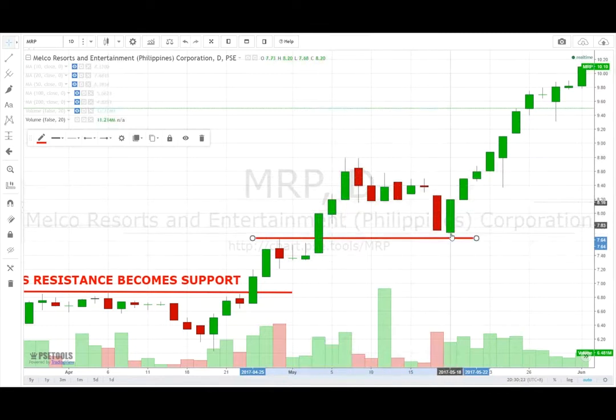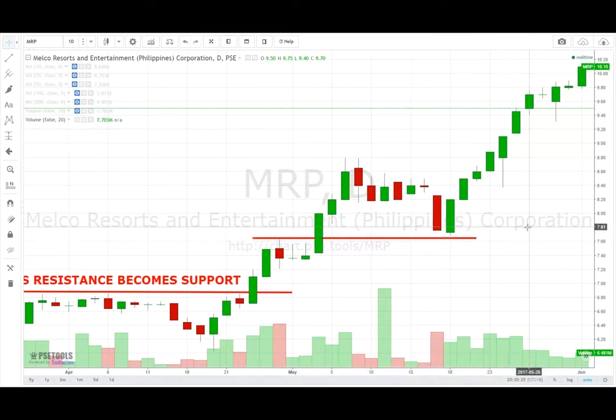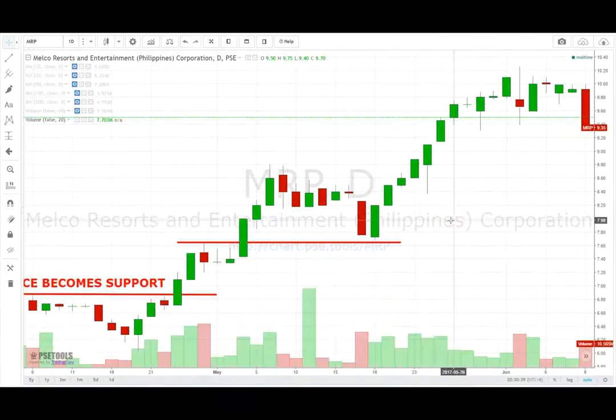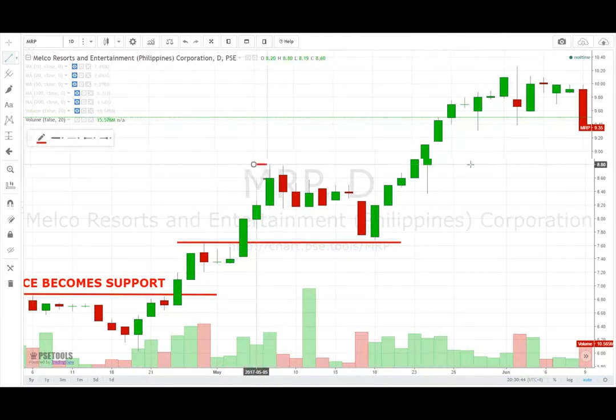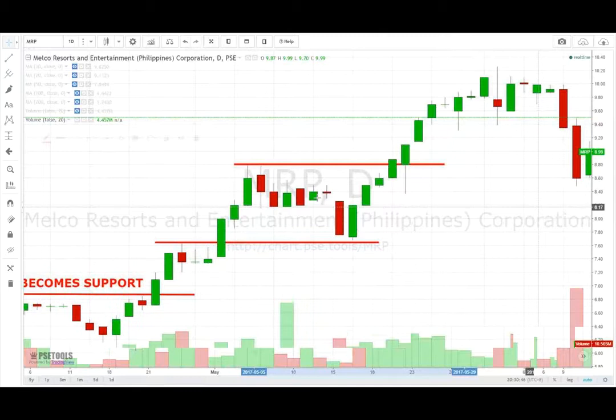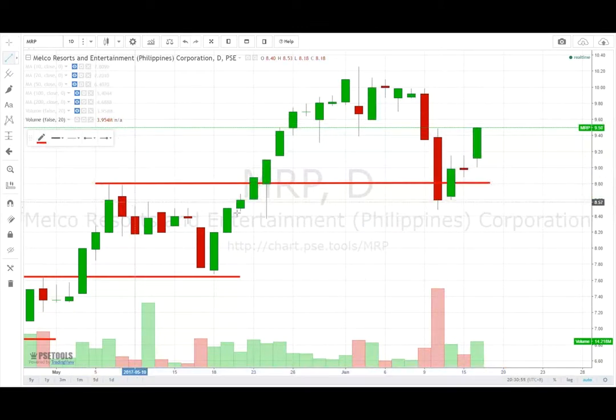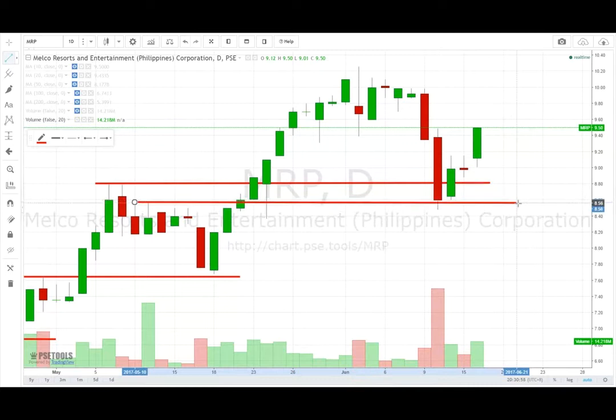When it retested the breakout level, it held, and that's support. That's why some people like breakout trading. What other example? Here, resistance, it broke. It retested and dropped a bit, but you also have resistance here that became support. Right? So it held there.